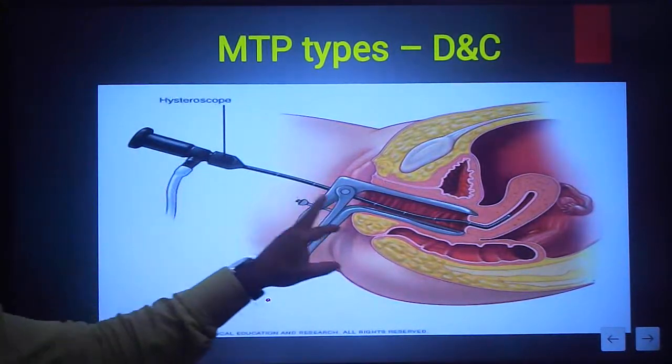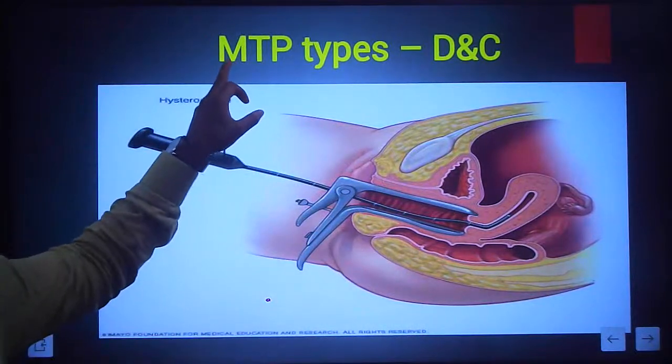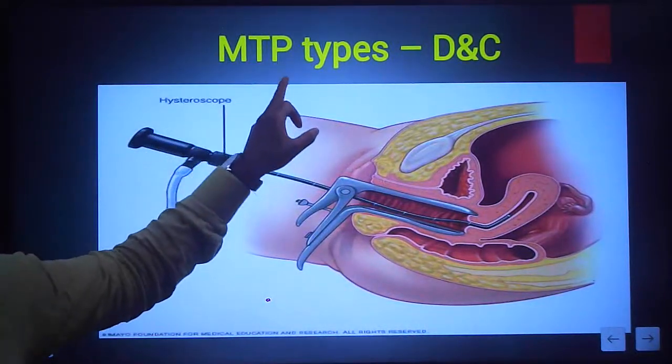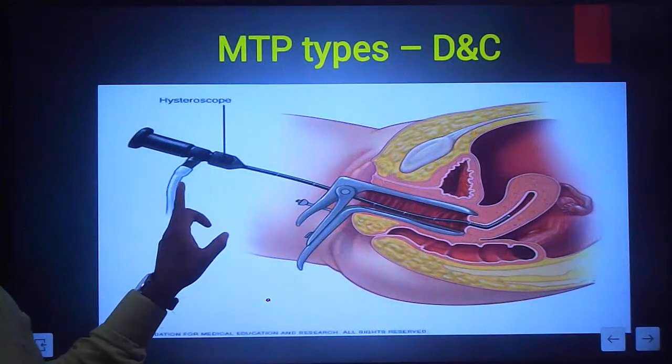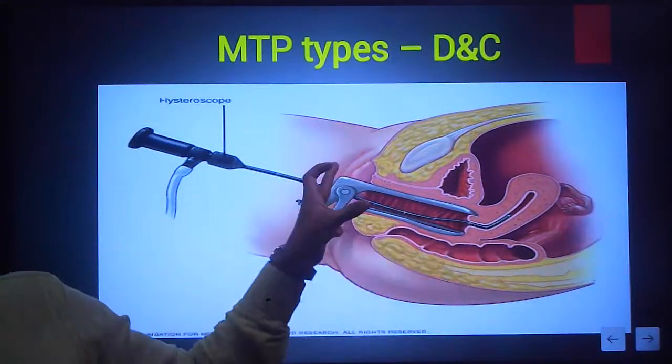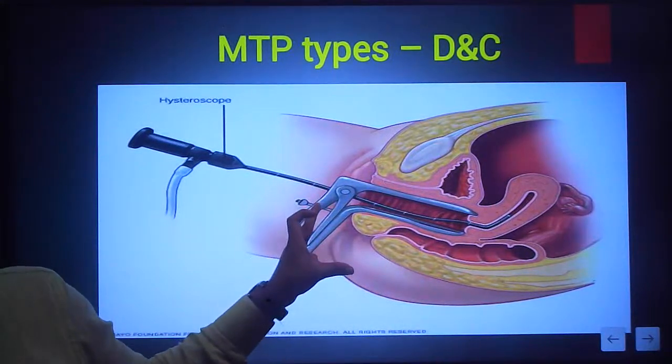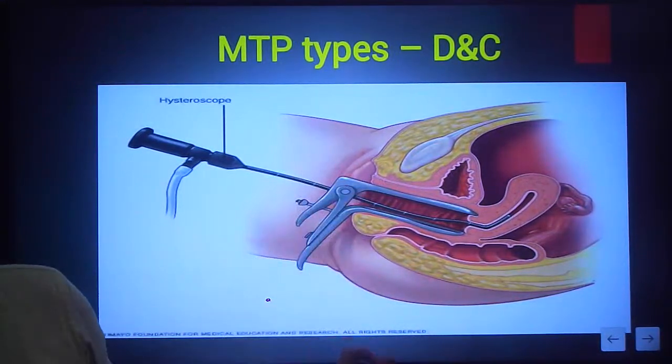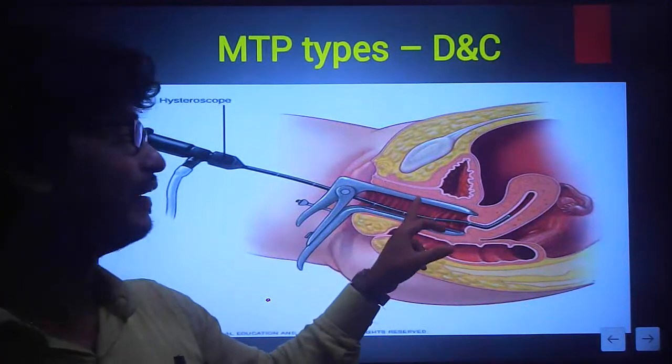By means of the hysteroscope, in an induced abortion, in medical termination of pregnancy, they dilate the cervix and then they remove the implanted ovum.